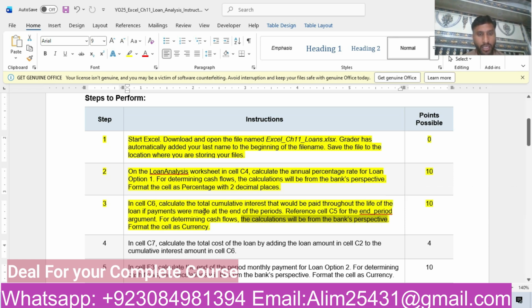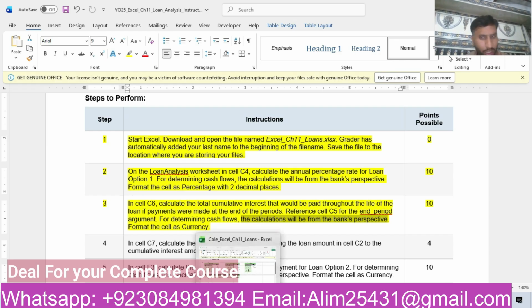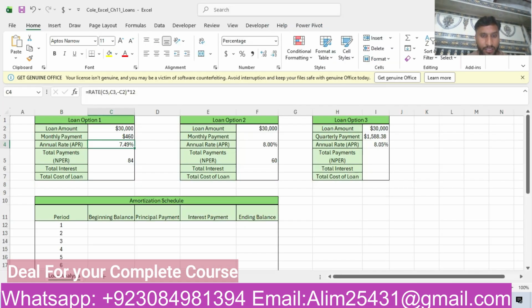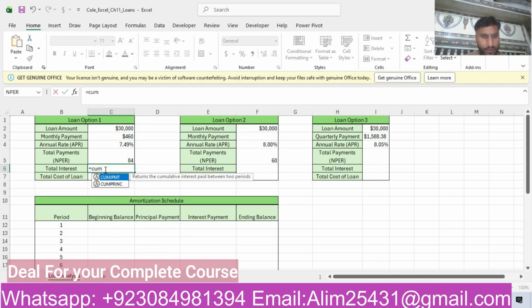I will show you. I already used this in the cell C4 and I will use this in the cell C6. So we will make the negative sign so our value will be correct. We will go to our cell C6 and use the cumulative interest function.